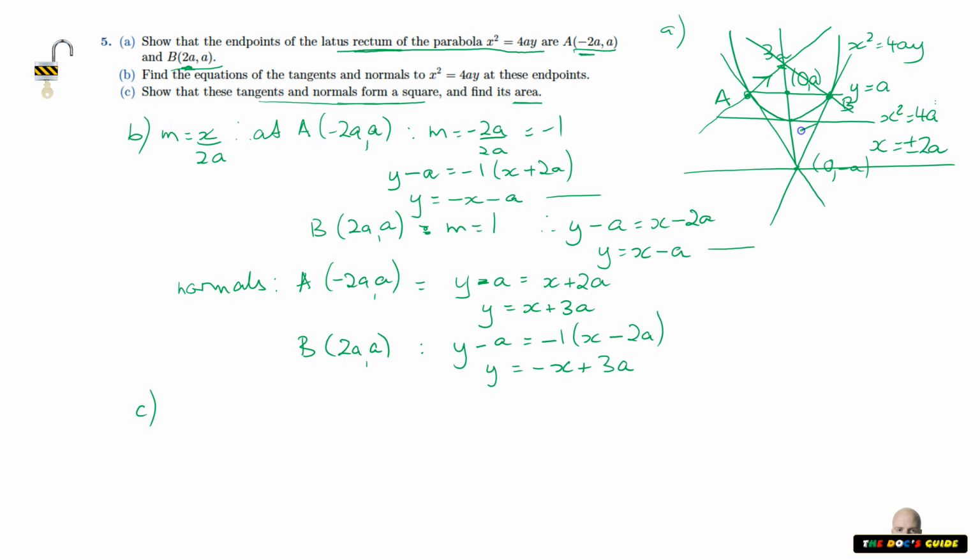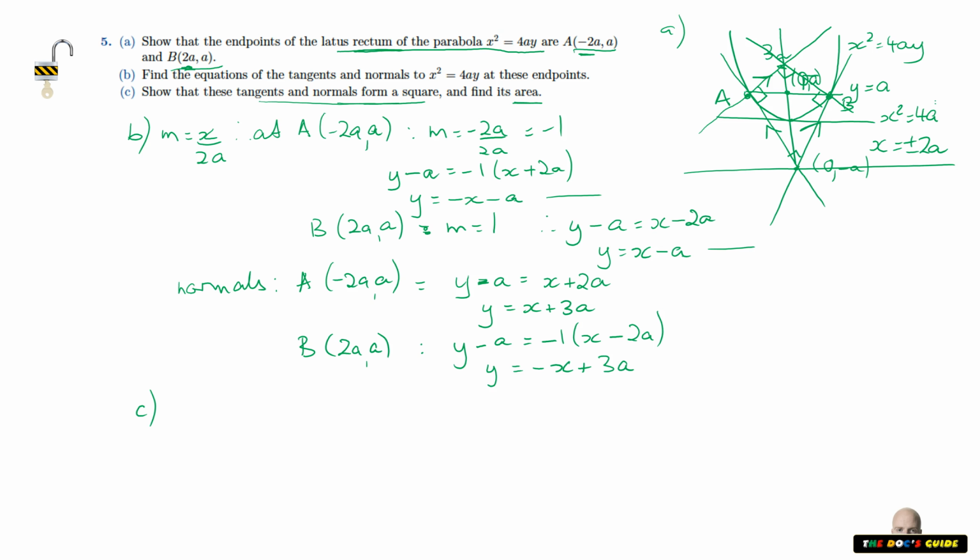So this line and this line are parallel to each other, they have the same gradient. These ones are parallel to each other, they have the same gradient, so we've got a parallelogram. These are right angles because they're perpendicular. So with those right angles, we've gone from having a parallelogram to a rectangle.